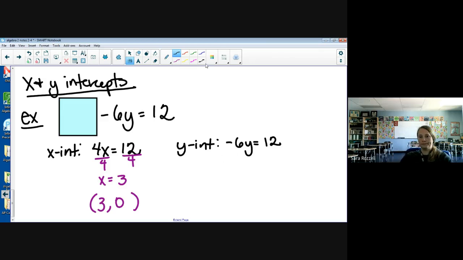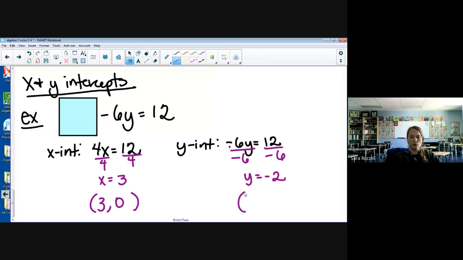And we're going to solve it. So we have -6y equals 12. To solve it, you're going to divide both sides by -6. And y is going to equal -2. And since it's a y value, we put the -2 in the y position, 0 in the x position.